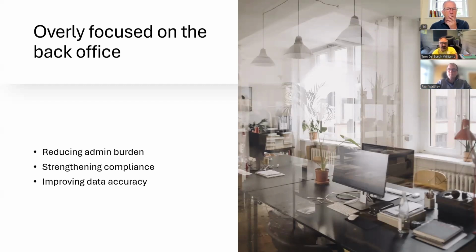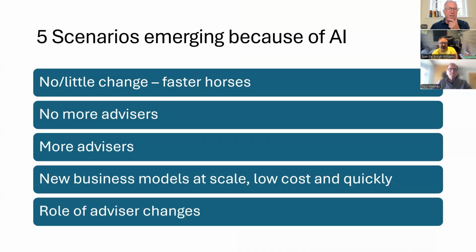Having looked at this in quite some depth, and at where technology has come from over the years, I'm seeing five different scenarios emerging for the financial advice sector. The first scenario is little or no change at all. Those advisors who say, okay, it's here, we might use it for little bits and bobs, we might not, let's sit and wait.